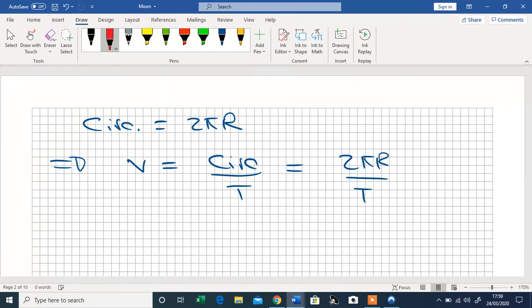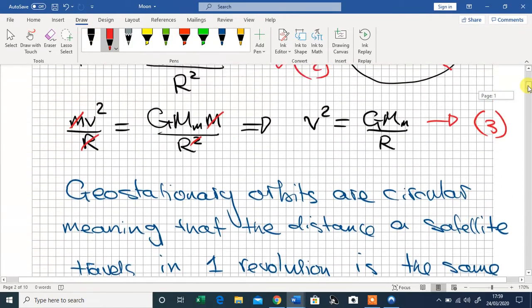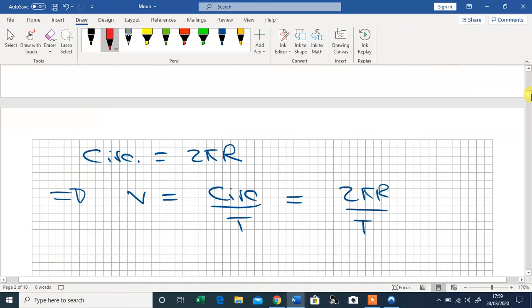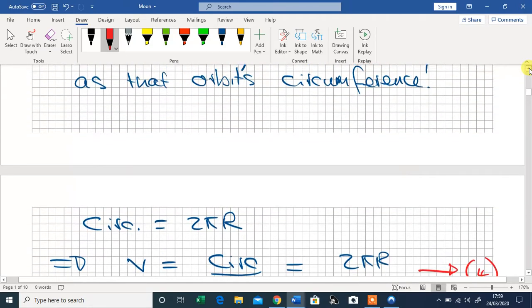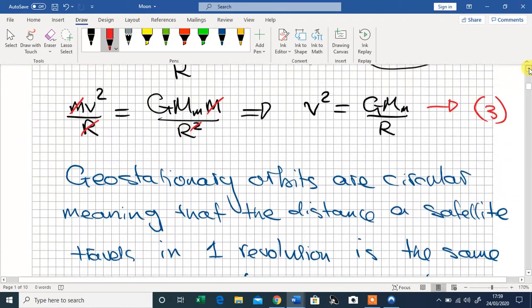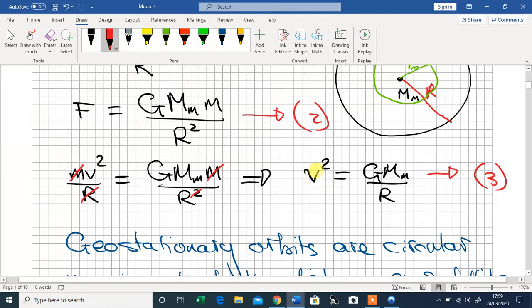We'll call that equation 4. Now, we've already got an expression for the velocity, and that's in equation 3, which is v squared equals g big M sub m over r.